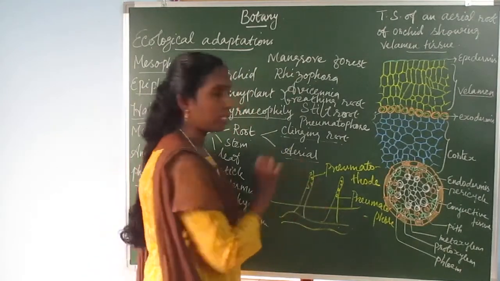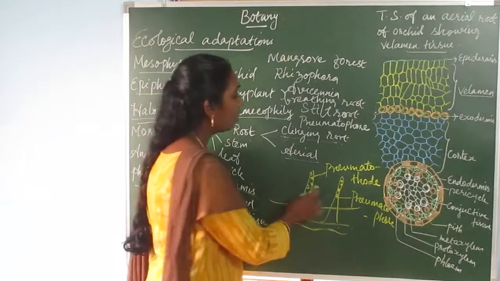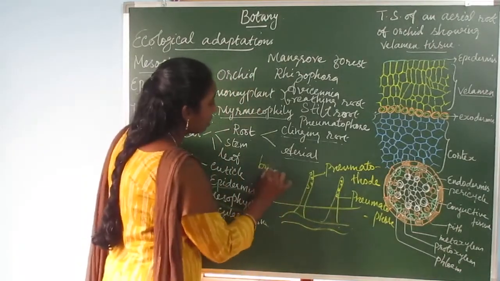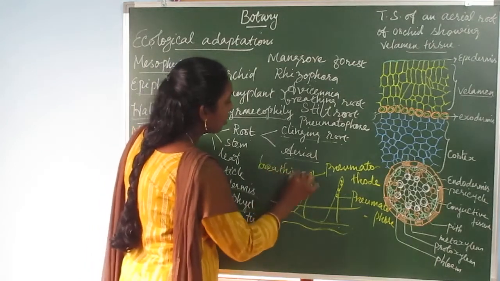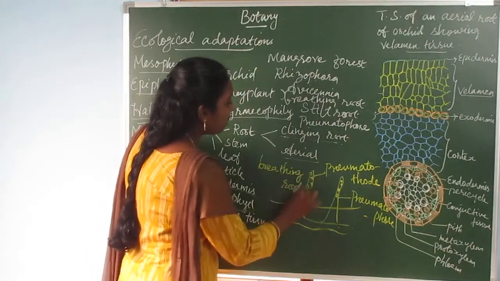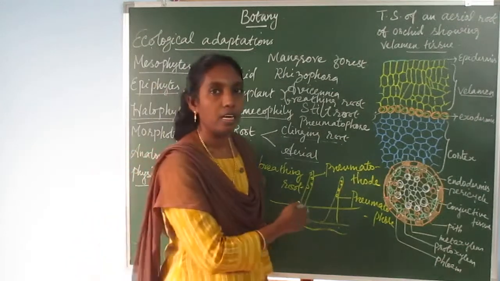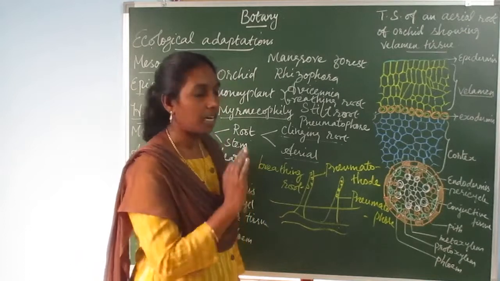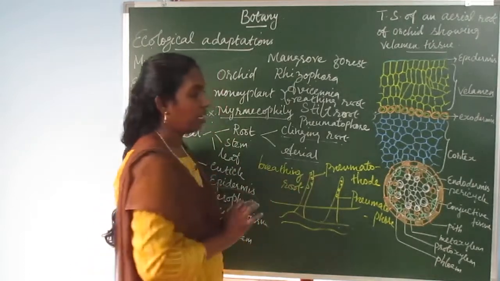They are the pores observed in this. These roots are called breathing roots. This is a special feature that occurs in halophytes. So one of the special features in halophytes is breathing roots.